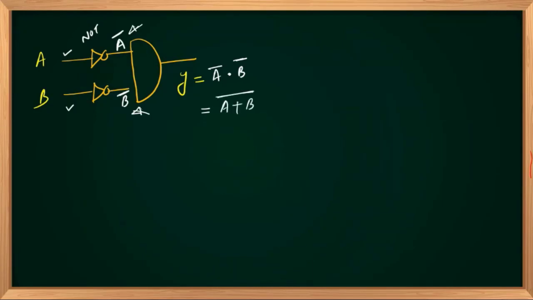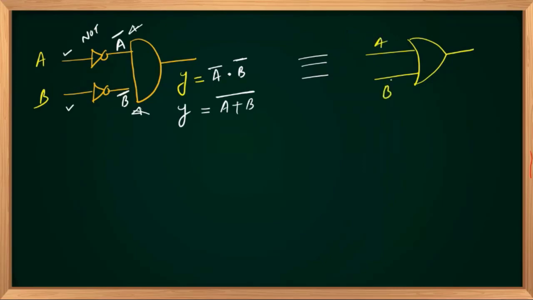Complement of a sum is equal to the product of their individual complements. So this is nothing but A plus B the whole bar. That is equivalent to which gate? A plus B the whole complement. That is the NOR gate, correct?